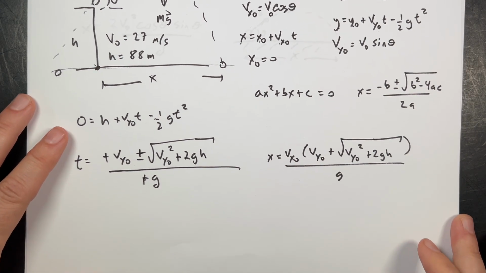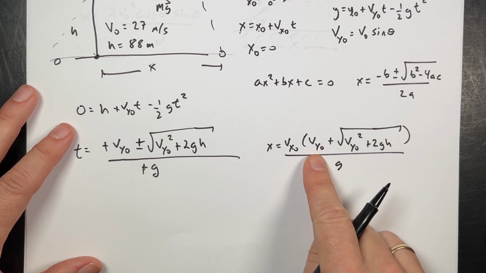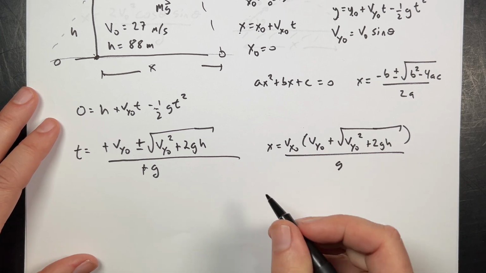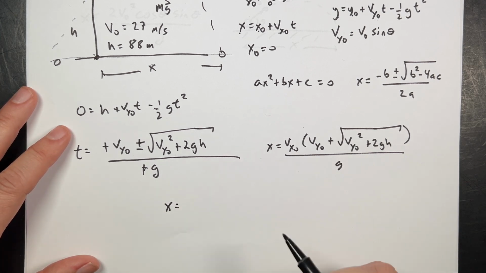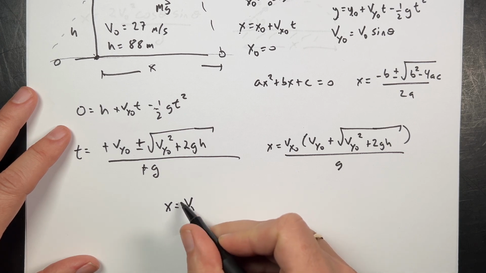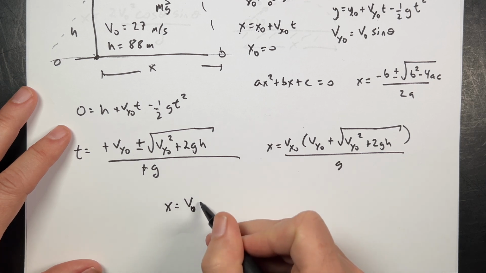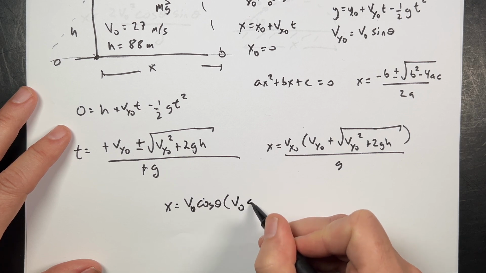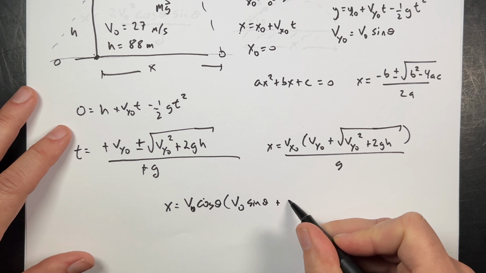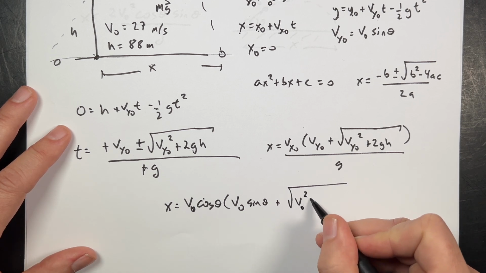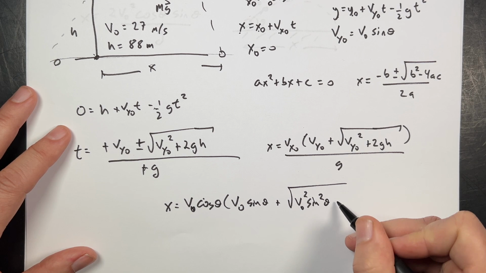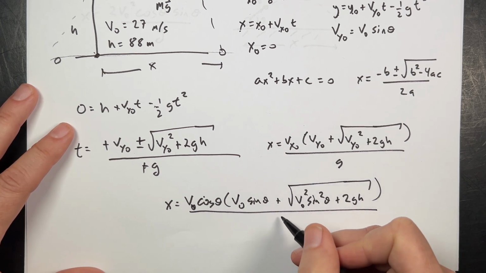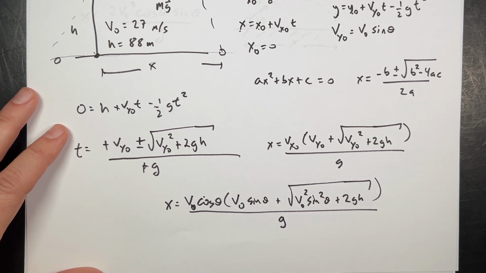Now I want to plug in my expression for vy0 and vx0, just because. So I get x equals v0 cosine theta times v0 sine theta plus the square root of v0 squared sine squared theta plus 2gh, all of that over g. And that's my range.